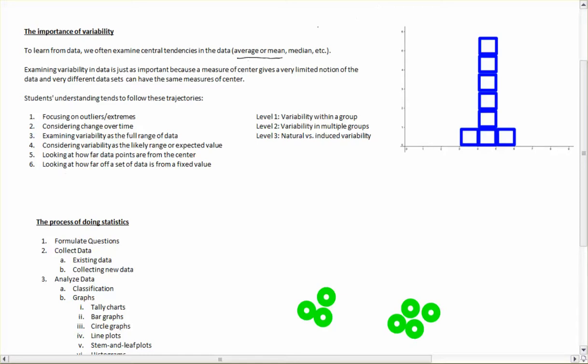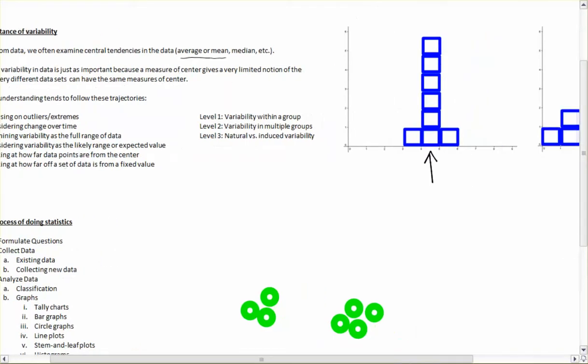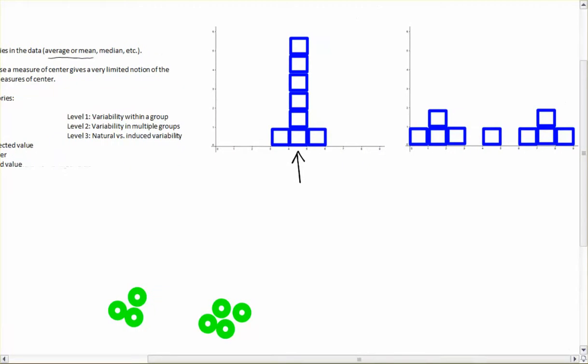And very different data sets can have the same measures of center. For example, if we look at this set of data over here, we can see that the center of the data pretty clearly is right in the center of this column. However, here's a very, very different looking set of data that has the same center of the data.